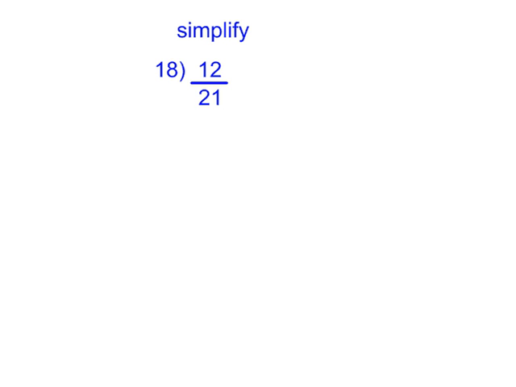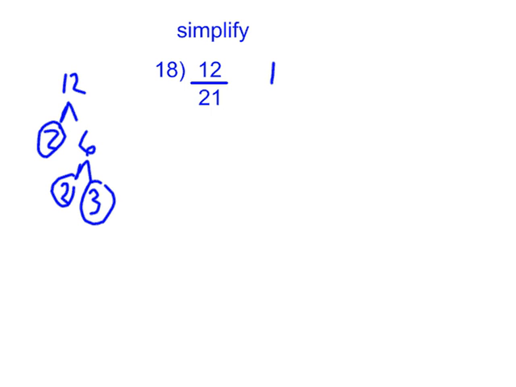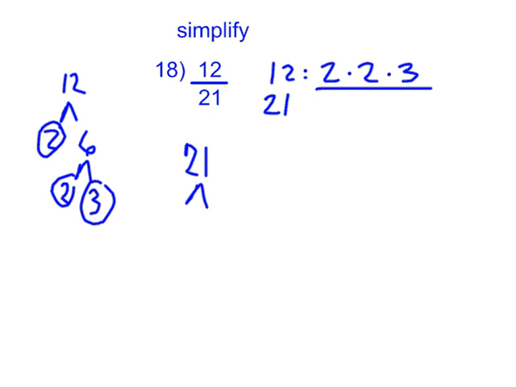All right, for number 18, they're asking us to simplify, and we're going to use the method that uses prime factorization. So for 12, prime factorization would give us 2 and 6, and 2 and 3. And so 12 would be 2 times 2 times 3 over 21, and prime factorization of 21 would be 3 times 7.